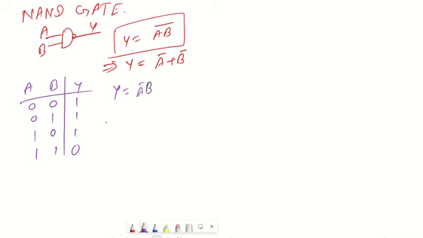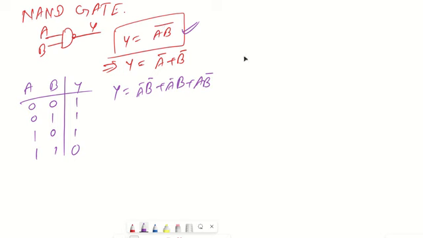And as you can see, the other expression was the max term expression, which is A bar plus B bar. By De Morgan's theorem you can convert this into this form. So this is the most popular expression for NAND gate.